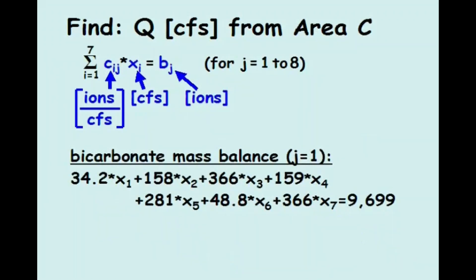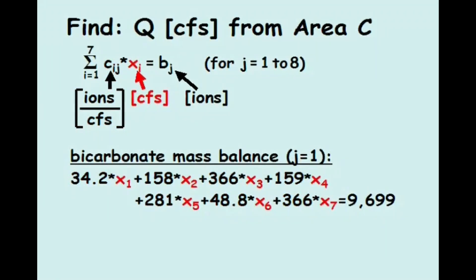If we assign J equals 1 to bicarbonate, then the C values of 34.2, 158, 366, 159, 281, 48.8, and 360 are the concentrations of bicarbonate ions per cubic foot per second of runoff flow from area A through area G, respectively.